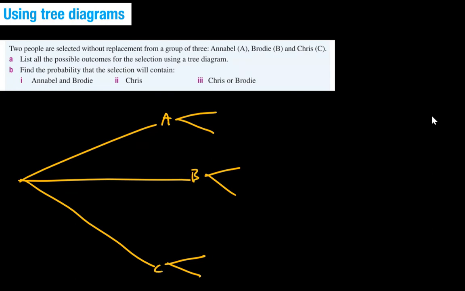If we choose Annabelle, we've got Brody and Chris. If we choose Brody, we've got Annabelle and Chris. If we choose Chris, we've got Annabelle and Brody. Let's do the probabilities then. So we'll get a third chance and a half chance.